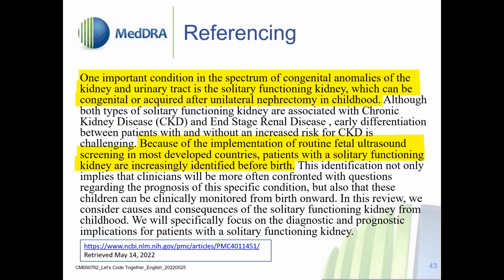Both types of solitary functioning kidney are associated with chronic kidney disease and end-stage renal disease, so renal failure in other words, and early differentiation between patients with and without an increased risk for renal failure is challenging. Because of routine fetal ultrasound screening in most developed countries, patients with a solitary functioning kidney are increasingly identified before birth. So it can quite commonly be congenital, but not exclusively so.